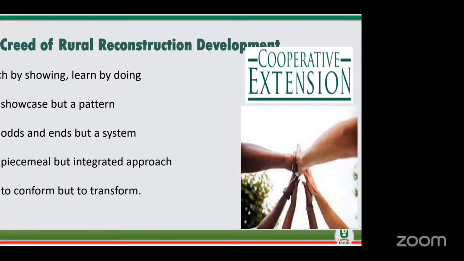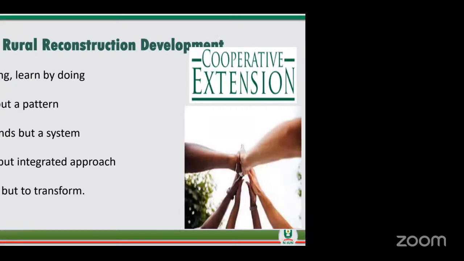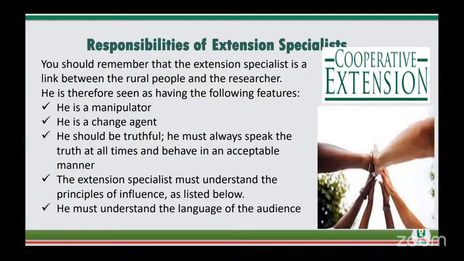Now, what's the responsibility of the extension specialist? He is a manipulator, a change agent. He should be truthful. He must always speak the truth and behave in an acceptable manner. The extension specialist must understand the principles of influence as listed earlier.